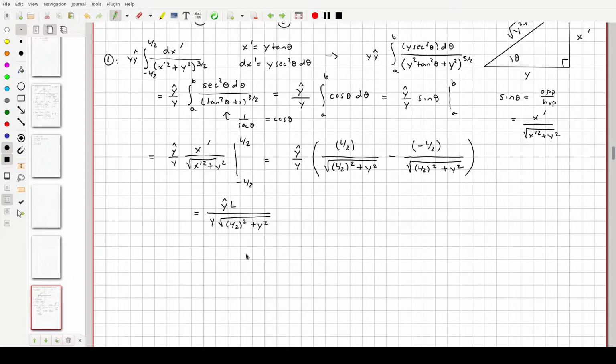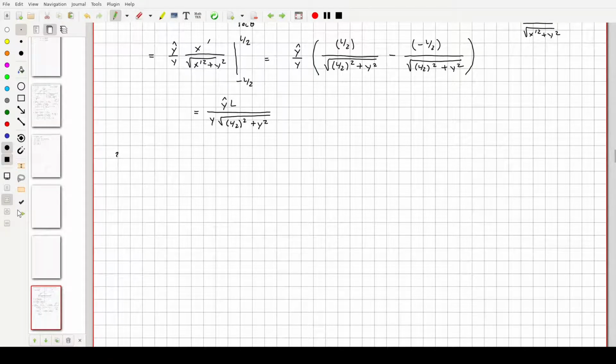Now let's do this one right here. So that's minus L over 2 to L over 2, x hat, x prime dx prime over x prime squared plus y squared raised to the 3/2 power.